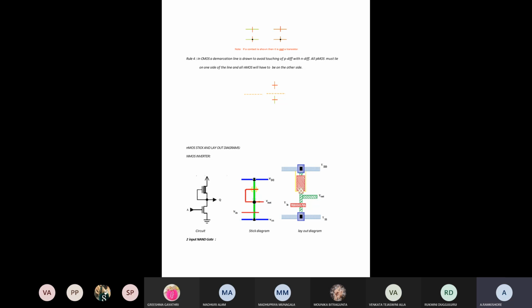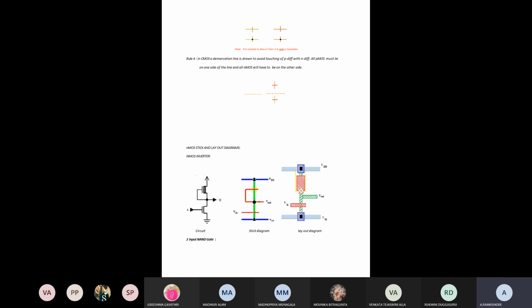The indication of depletion mode is that from drain to source terminals, a thick line will be drawn in between the drain and source regions. That is the difference between a depletion mode transistor and an enhancement mode transistor.